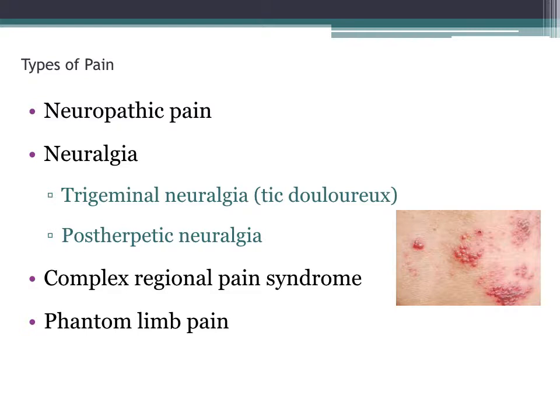Amitriptyline also has some antihistamine action to it, and so it can help with the inflammation that's going on as well. Some people, if they're having severe pain, may do a nerve block to relieve some of the pain during the acute phase of their shingles.